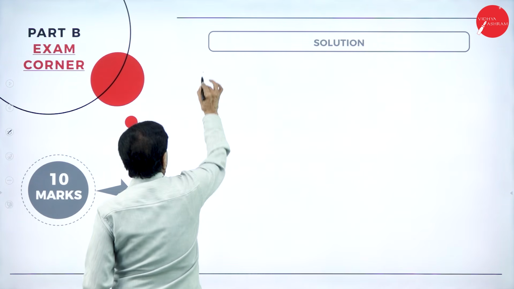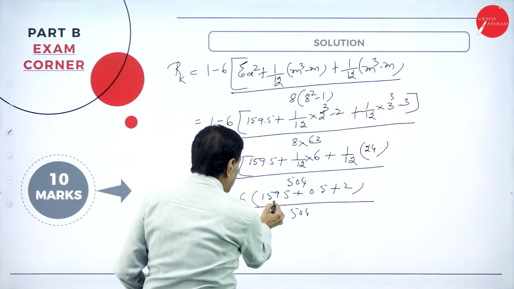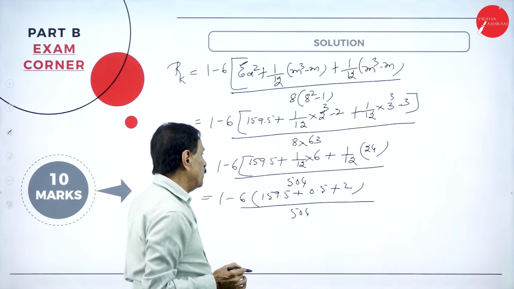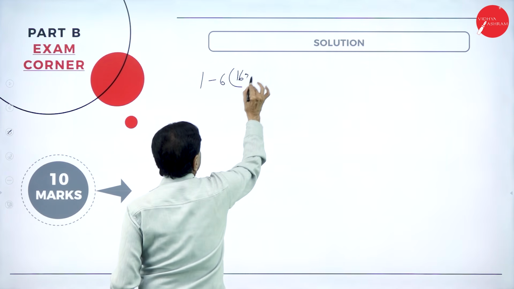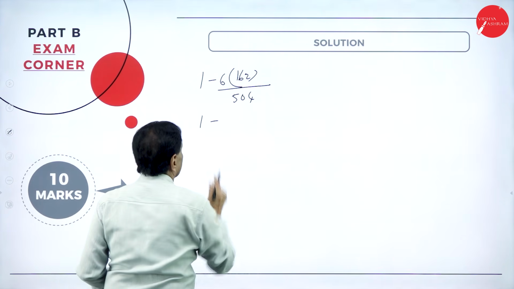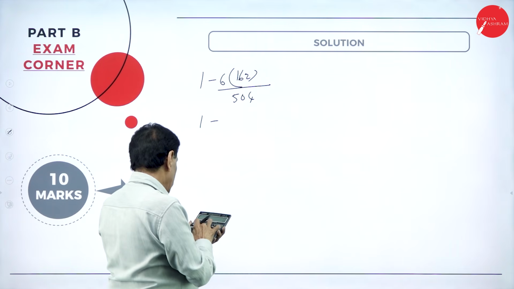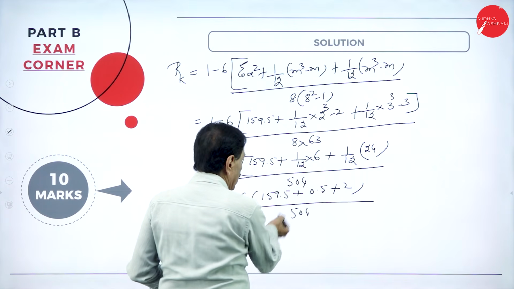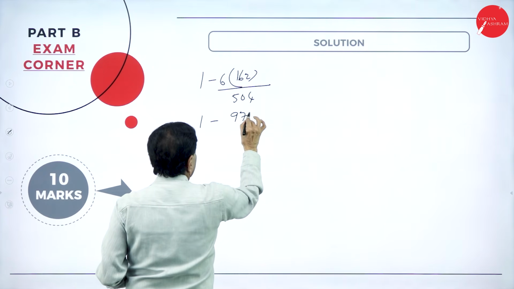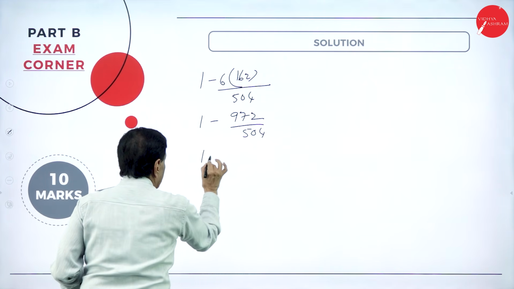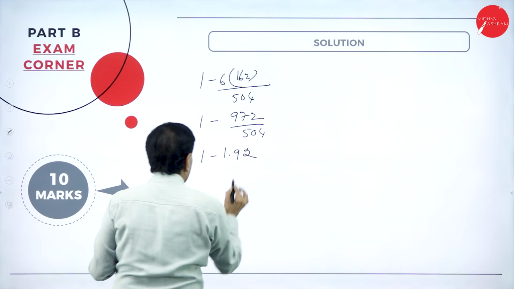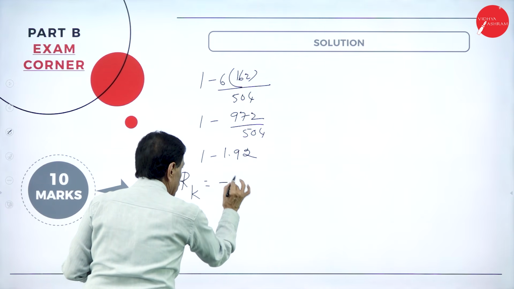Come back here. 1 minus 6 into add: 159.5 plus 0.5 is 160, plus 2 is 162. 6 into 162, whole divided by 504. 162 into 6 is 972, divided by 504, 1.92. 1 minus 1.92, so Rk is equal to minus 0.92.